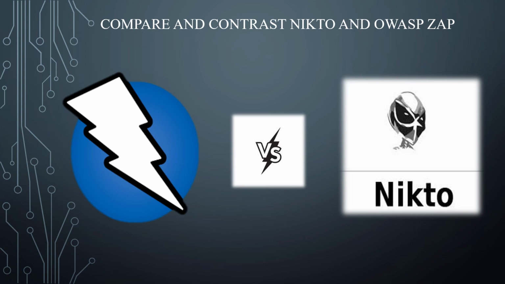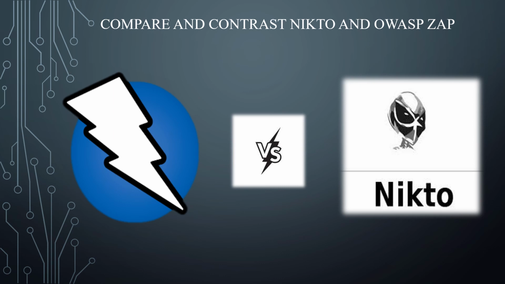Next, we have to compare and contrast Nikto versus OWASP ZAP. They're both web application scanners. Nikto is a free software command line vulnerability scanner tool that scans for unsafe files, outdated software, and other threats. On the other hand, OWASP ZAP is an open source web application vulnerability scanner.